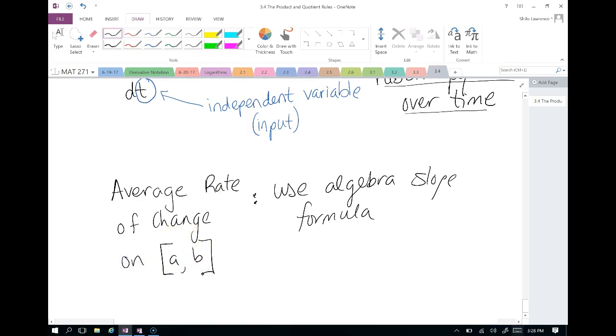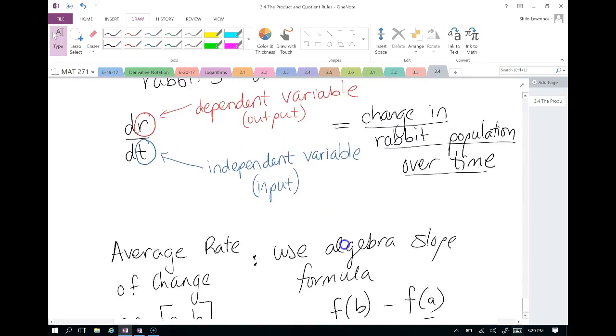So that would be like an interval for your independent variable. So we would just do f of b minus f of a all over b minus a. We're not really analyzing what's happening during the time period in between a and b. We're just comparing where we started and where we ended. And that's just the algebra slope formula. The only thing different is we're using function notation instead of the y notation. That is average rate of change.